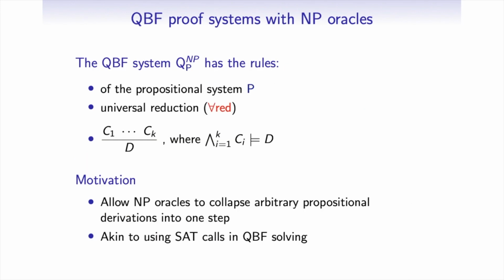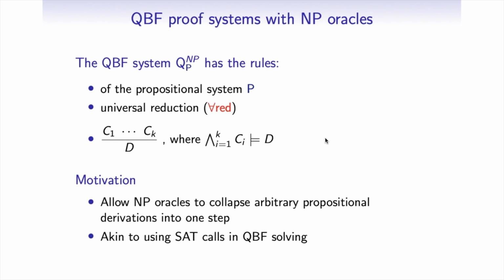So how does this work? We have QBF systems now with NP oracles. We get this system which I'm going to call QP-NP. This system has the rules of P. It has universal reduction, and then it has this oracle rule, which allows you to essentially derive anything which is propositionally entailed by what you've already got.